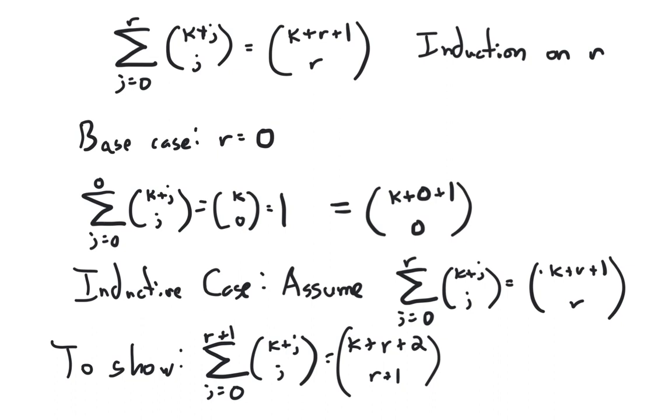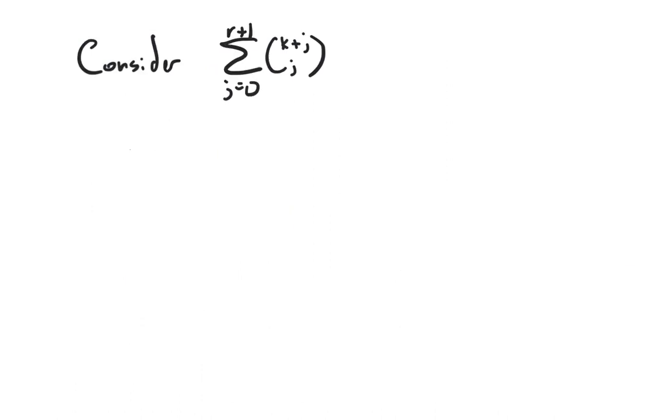So we'll start on the next slide with the left-hand side here, and we'll show that indeed, using our inductive hypothesis, we can do some algebra to get it looking the way we want. So let's consider that r plus 1th sum. All we're going to do is split off the terms from 0 to r.